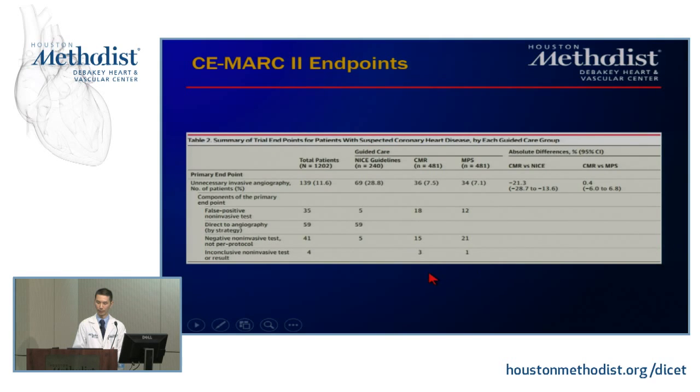They found that CMR and SPECT were pretty similar in terms of false positive and false negative tests. But most importantly, they reduced unnecessary angiograms compared to conservative management, as you can see in the top row.